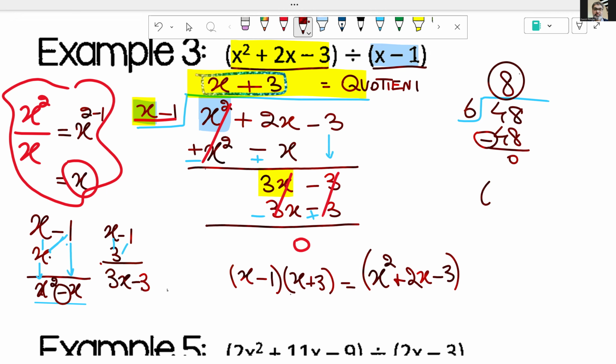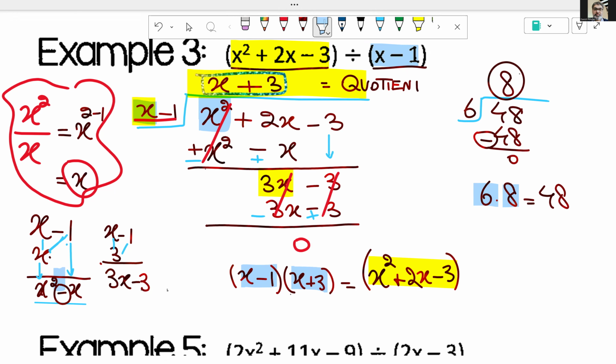So we did the long division to find the quotient, and then definitely like over here, when we say 6 times 8 is 48, it's true in these cases also that the trinomial that we divided, the dividend, will definitely be equal to the product of these two expressions, right? So remember, we call these 6 and 8 factors of 48, right? 6 and 8 are both the factors of 48.